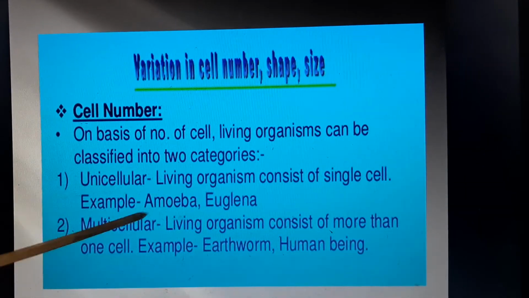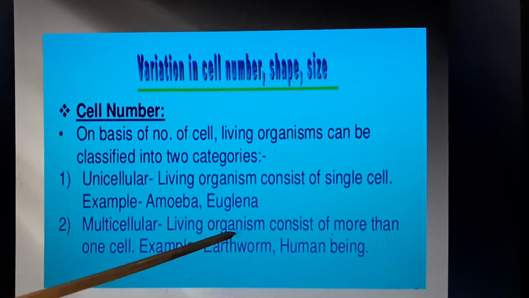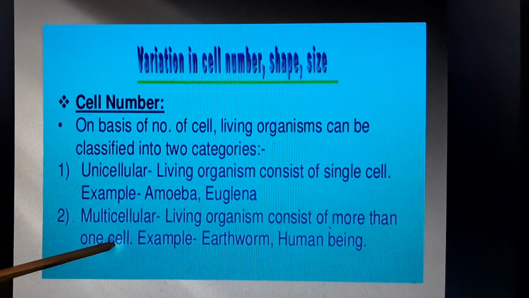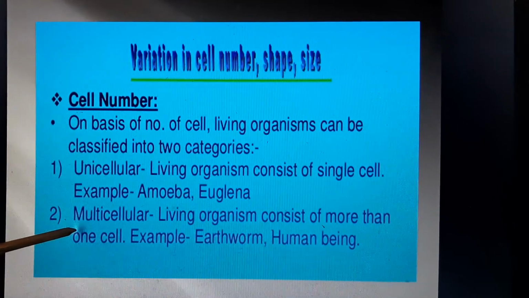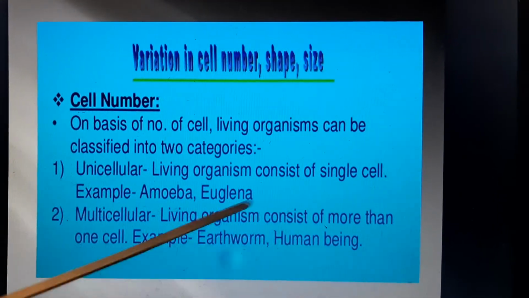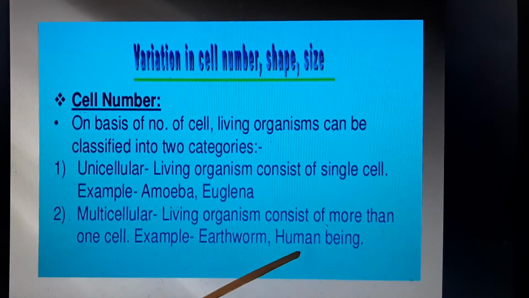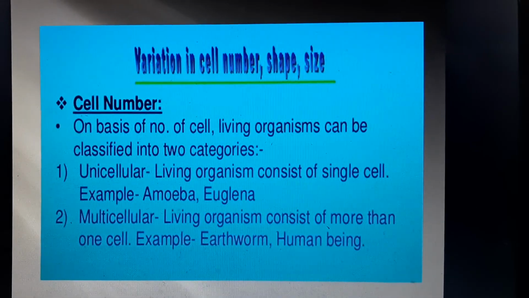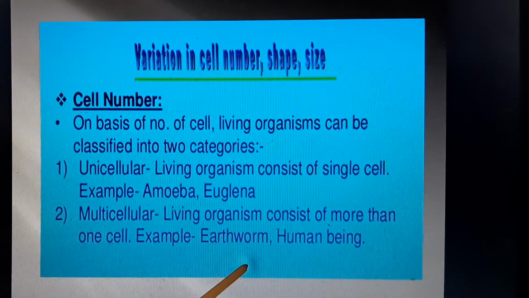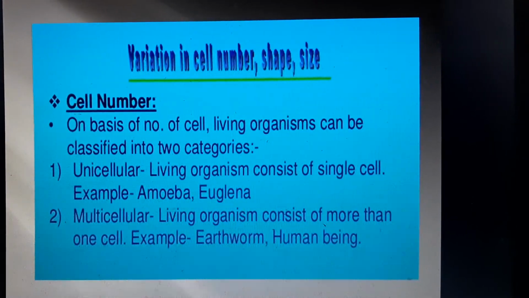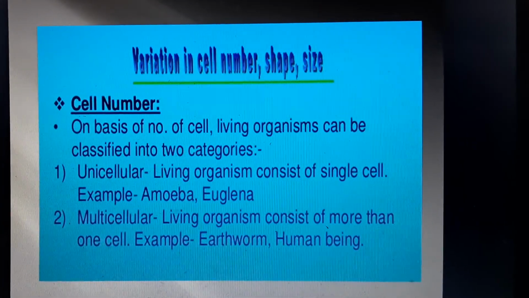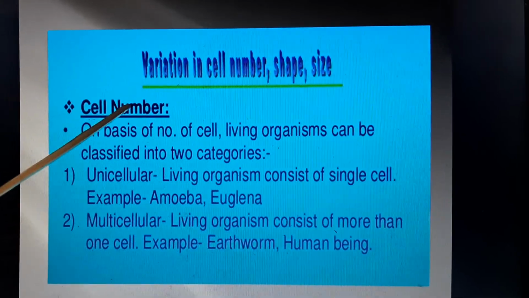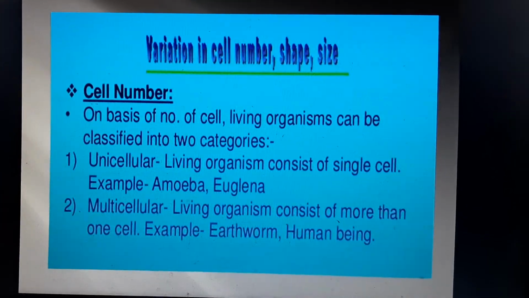When a living organism consists of more than one cell, it is called multicellular. It includes the examples earthworm and human beings. Human beings are made up of more than one type of cell. So this is how living organisms get classified on the basis of the cell number.